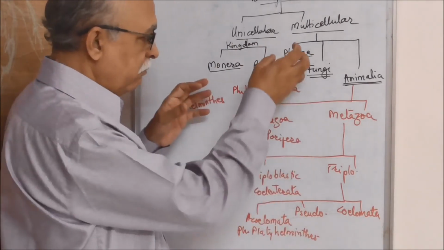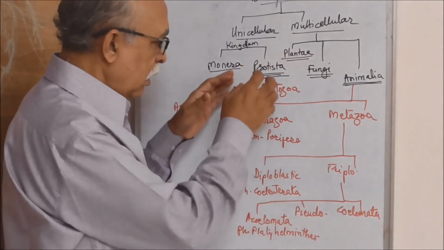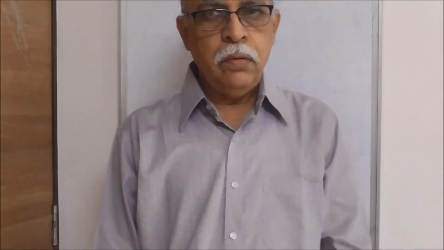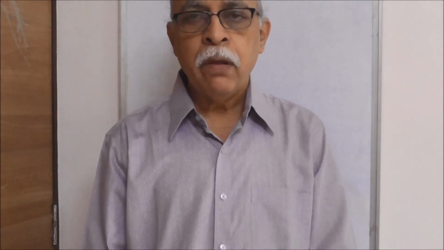That will be identified as kingdom Plantae. And Protista, Animalia together, that will be identified as kingdom Animalia. The two kingdom system was introduced by Aristotle, the great philosopher, somewhere in 384 to 320 BC. While the five kingdom system was introduced by Robert Whittaker somewhere in 1969, quite a recent one.